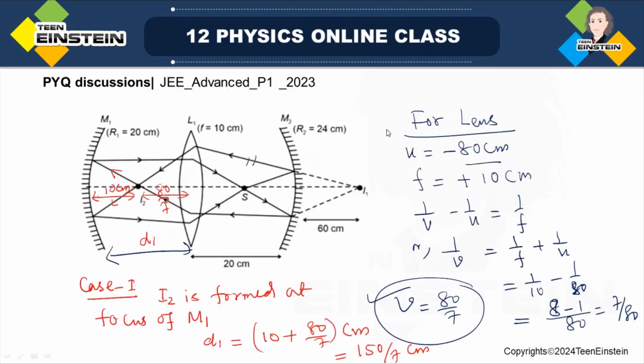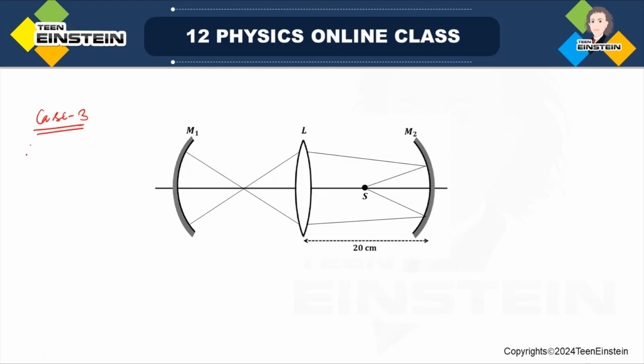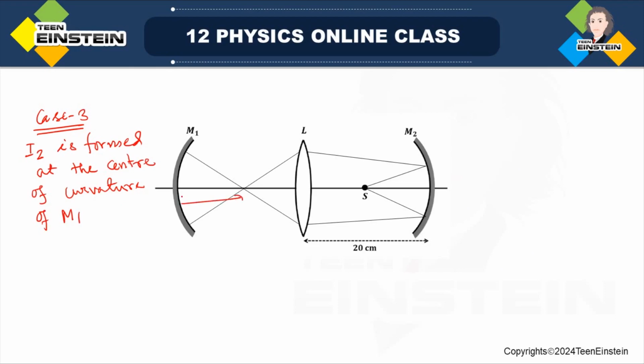Now I will have another situation, case 3. See, when I2 is formed at the center of curvature of M1. So this is your center of curvature, let us say C1, and this distance is 80 by 7. The rest of the things are all the same.